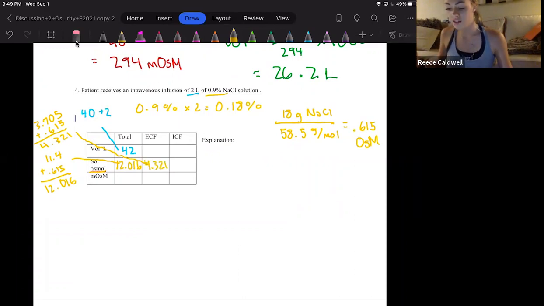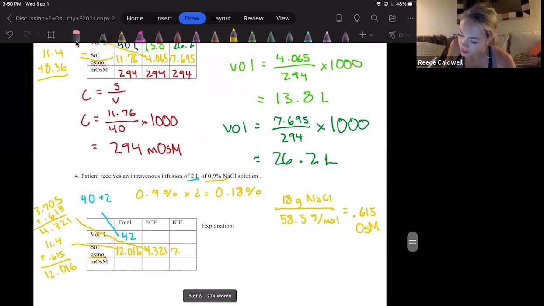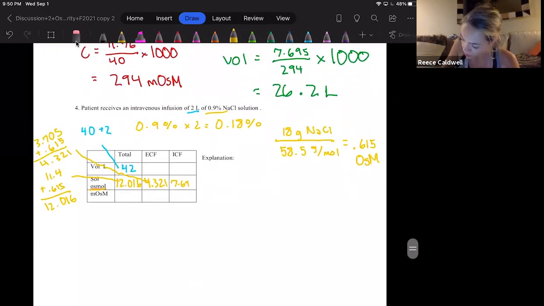And again, sodium chloride is non-penetrating, so we are not going to enter the cell, therefore the intracellular fluid will not change, and we will be left with that original 7.695. Nice. Okay, so we have now solved for 2 variables in one column, so we can calculate here, carry it across, and solve for those last 2.